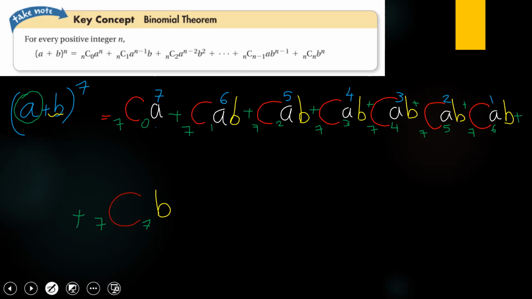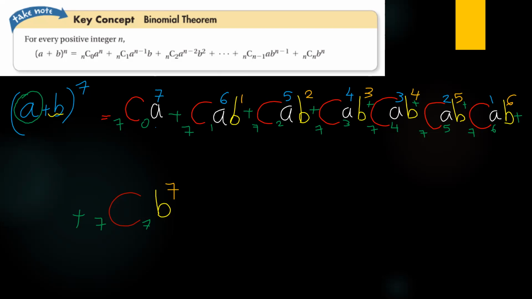And for b, you have to count the opposite way: 7, 6, 5, 4, 3, 2, and 1. By now, you will write the binomial theorem.